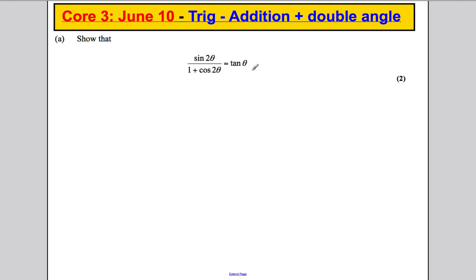Okay, in part A, we're asked to show this identity. Easiest thing to do is use the double angle formulae. You should know that sine 2 theta is 2 sine theta cos theta. You should also know that cos 2 theta is equal to 2 cos squared theta subtract 1.